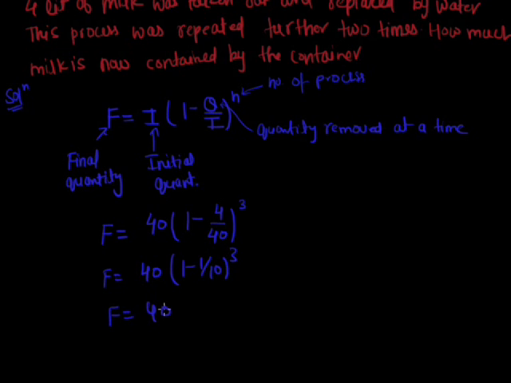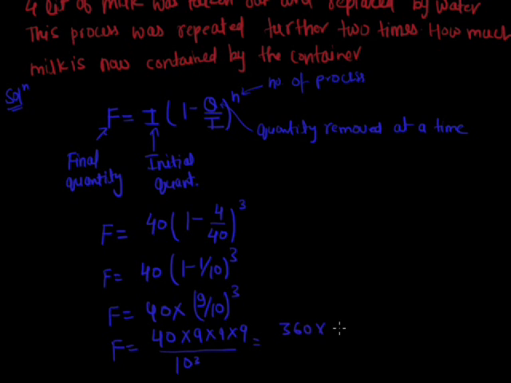F is equal to 40 into (9 by 10) to the power 3. F is equal to 40 into 9 into 9 into 9 upon 10 to the power 3, or we can say 360 into 81 upon 1000.